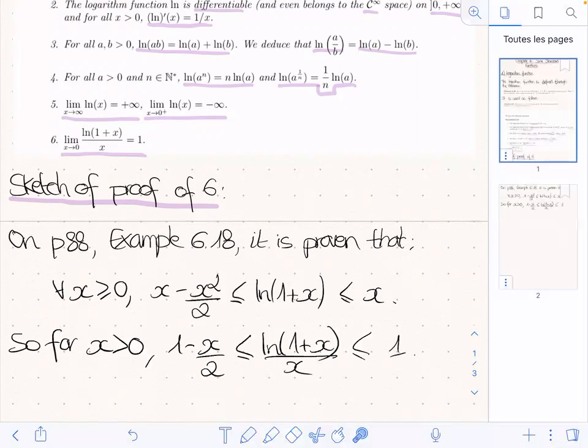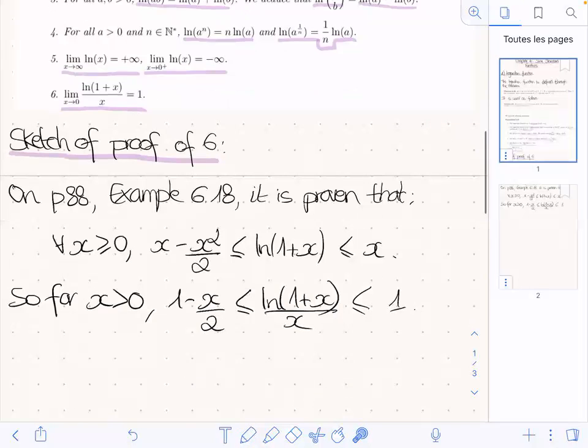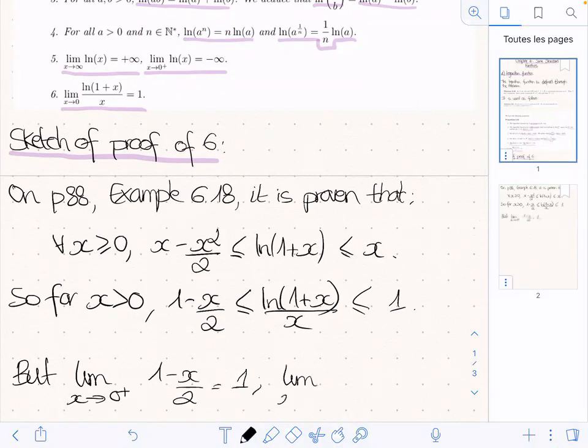So can you see anything that happens here if you take x to 0, for example, here and here? On both sides. Exactly. So if I detail it a bit more, we get the limit when x goes to 0 plus of 1 minus x over 2 is 1. The limit when x goes to 0 plus of 1 is of course equal to 1.